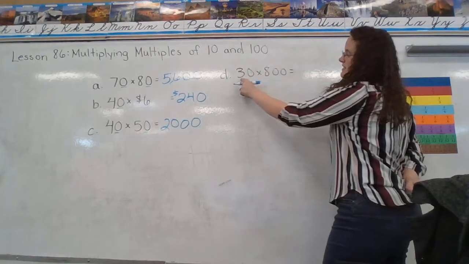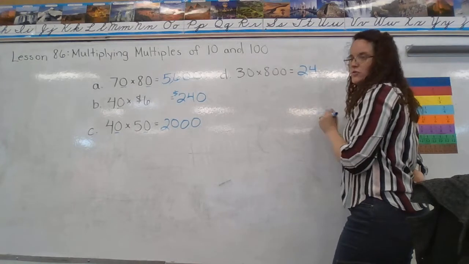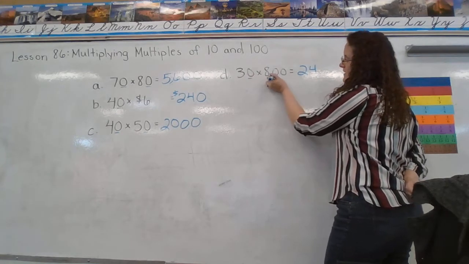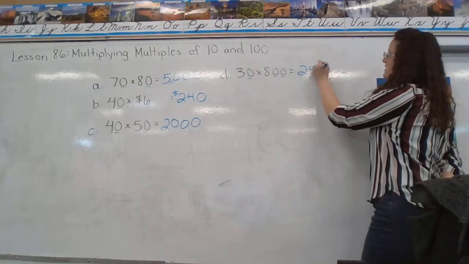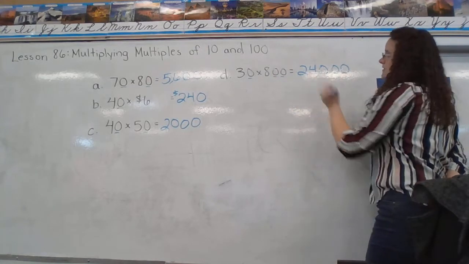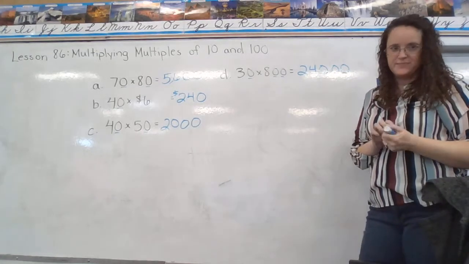And finally, what is 3 times 8? It's also 24, and then I have 1, 2, 3 zeros that I need to tack on. Throw in a comma, and you've got 24,000.